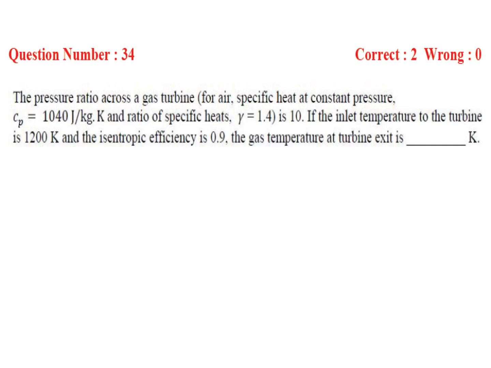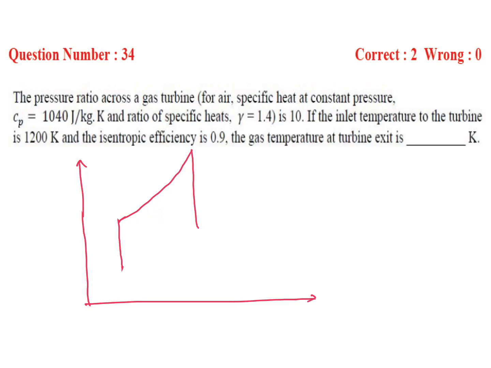So, Brayton cycle, gas turbine. The cycle is like this. Pressure is constant. 1 to 2 isentropic process, then constant pressure process 2 to 3.